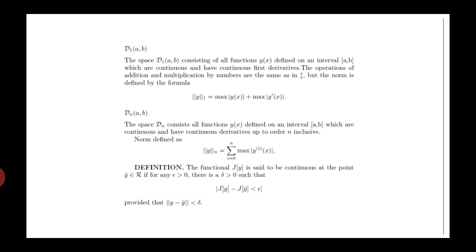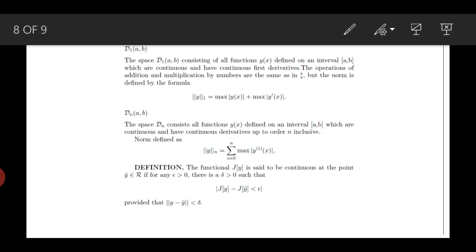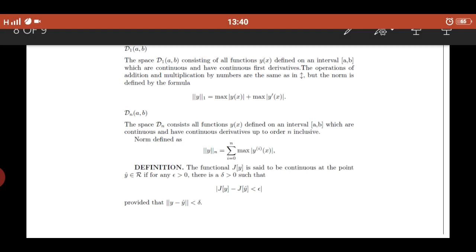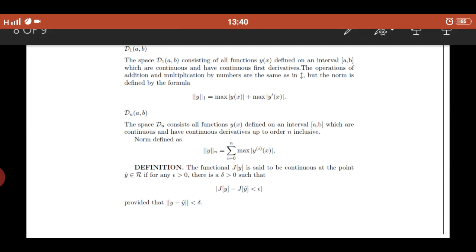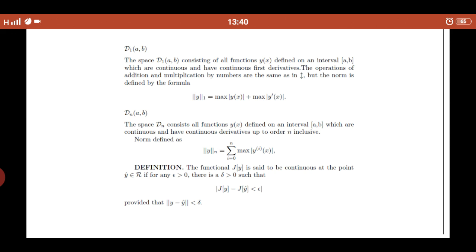The second category is D1 of a comma b, and this space consists of all functions y of x defined on interval a comma b with continuous derivatives, and they are continuous functions. So their first derivative will be continuous.